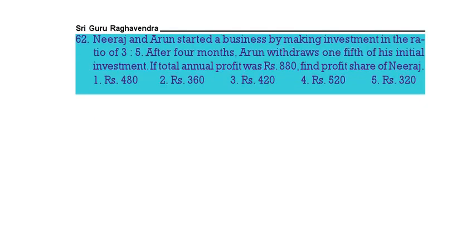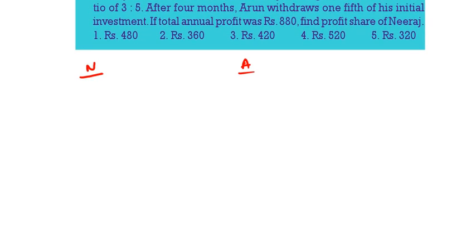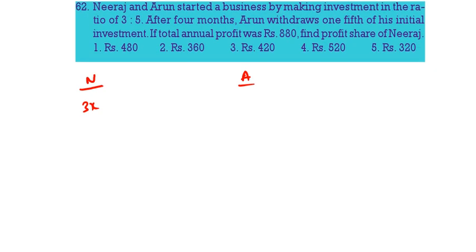Next, Neeraj and Arun started a business by investing in the ratio of 3:5. So here we have Neeraj, Arun. They are investing in the ratio of 3:5. So one is 3x, the other will be 5x. After 4 months, Arun withdraws 1/5 of the investment. So this is for 4.